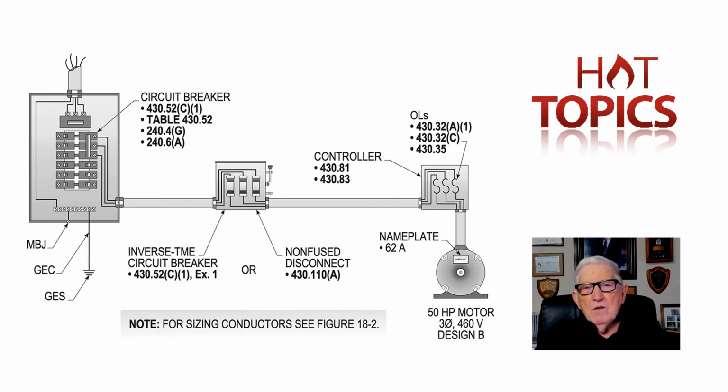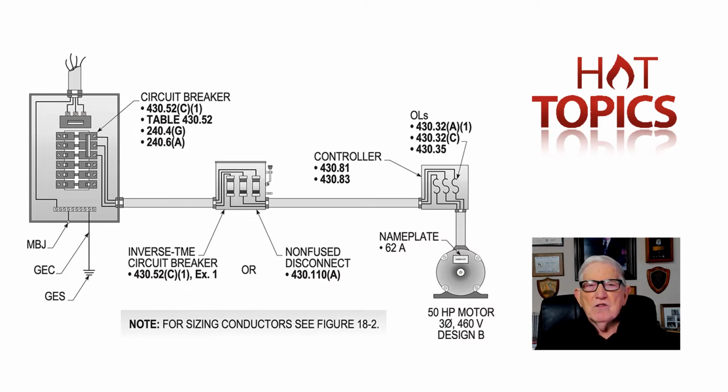18-25D, notice in the illustration we have a circuit breaker outlined ahead of the circuit supplying the motor. And of course, we have the 430.52C1, which is the round down size, and the exception 1 to 430.52C1 would be the round up size.